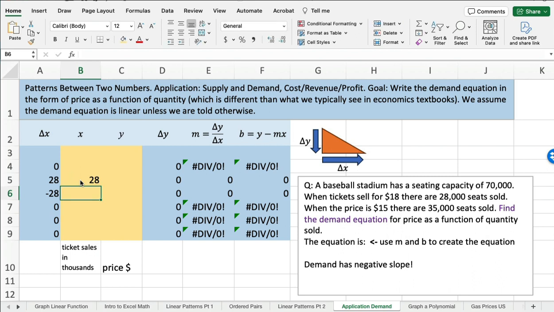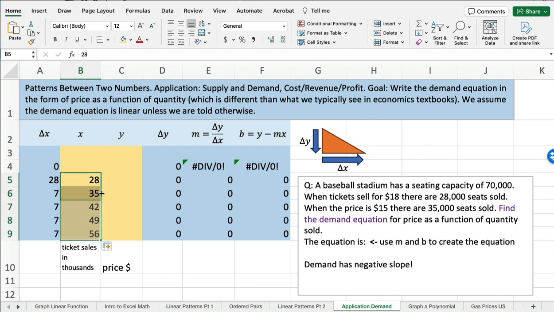And then the number below that is 35. I want you to notice that in my x column, we want those x values to start small and get bigger and bigger as we go down, because it makes things easier to read later. So we can just fill down and fill up to complete the table.